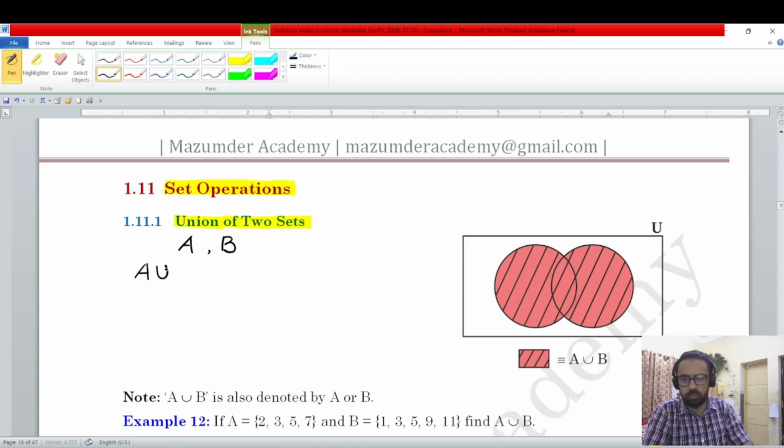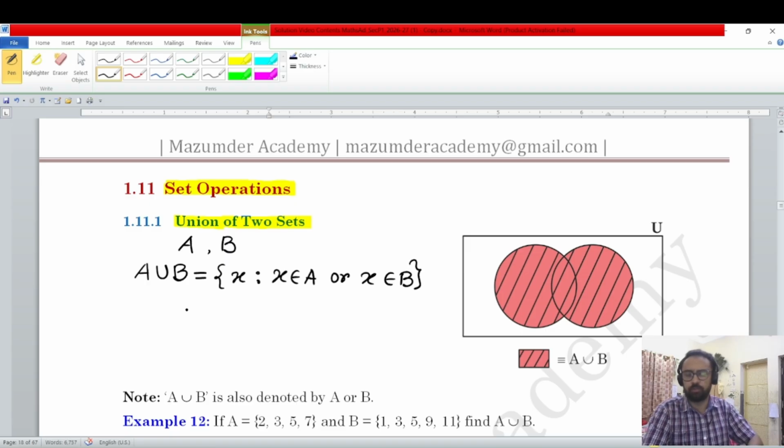This is the symbol union. So A union B is all those elements X such that X is in A or X is in B. So this is the definition of union.